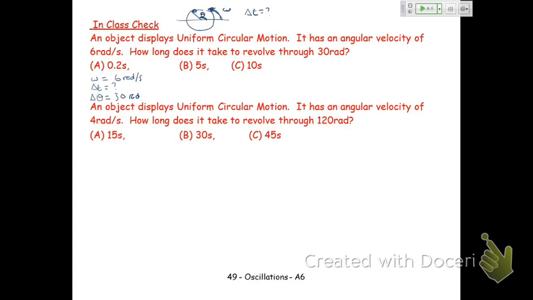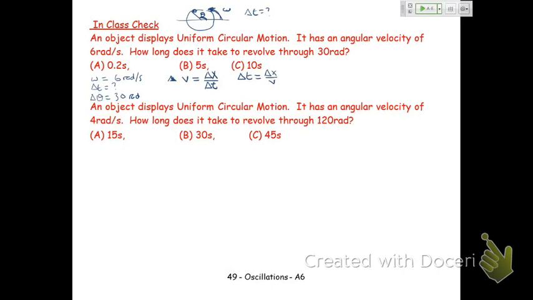Well, if this was linear, I'd say my velocity is equal to my displacement divided by my time interval. Remember that from the very beginning of Physics 1? And that would say that my time interval was equal to my displacement over my velocity. Let's just think about that. How long will it take you to go 100 miles at 50 miles an hour? 2 hours.